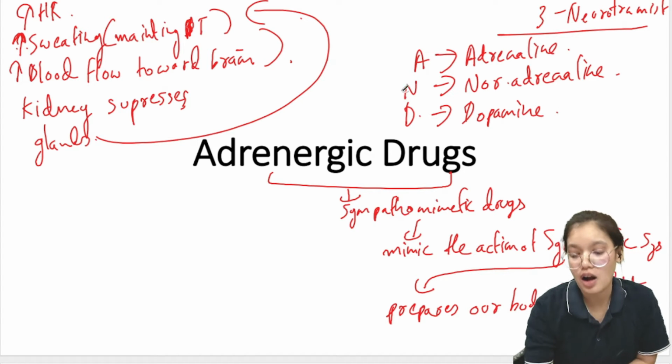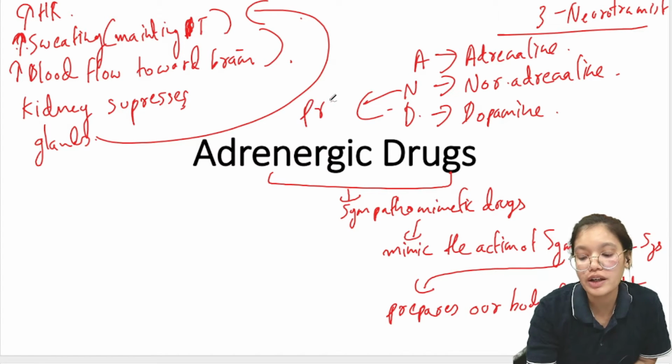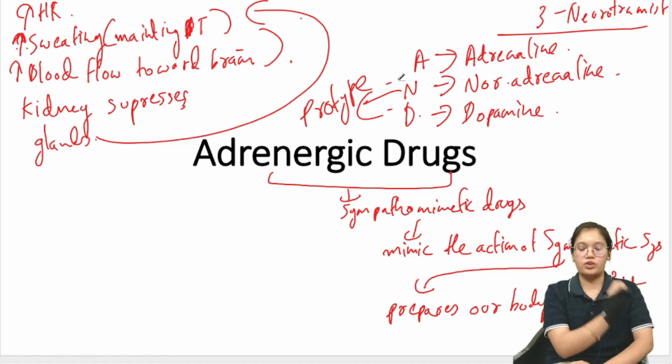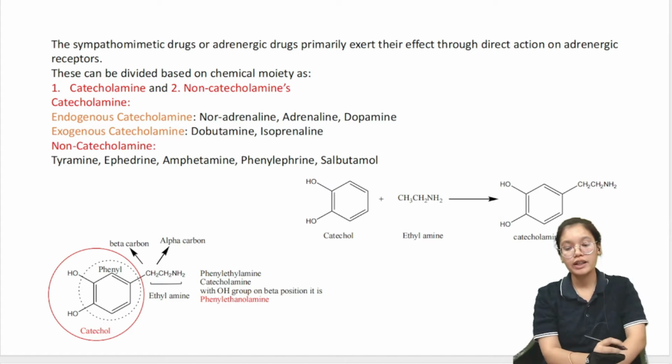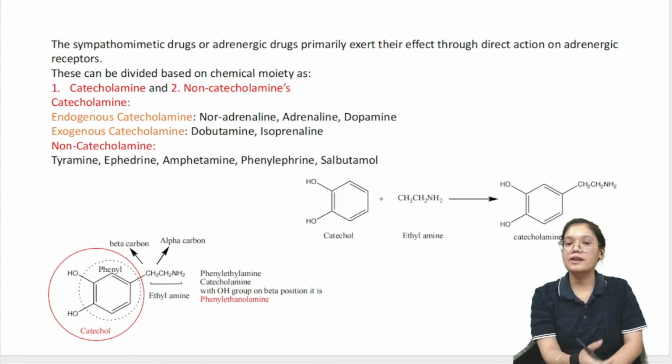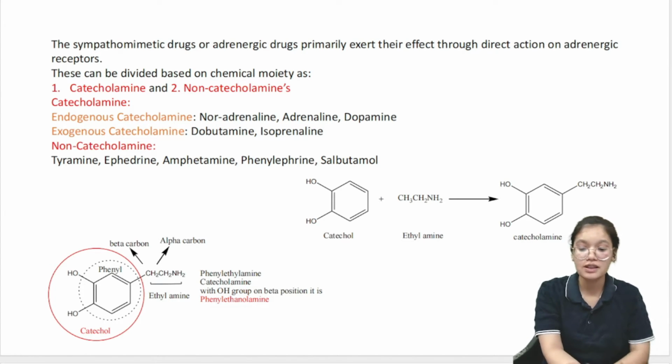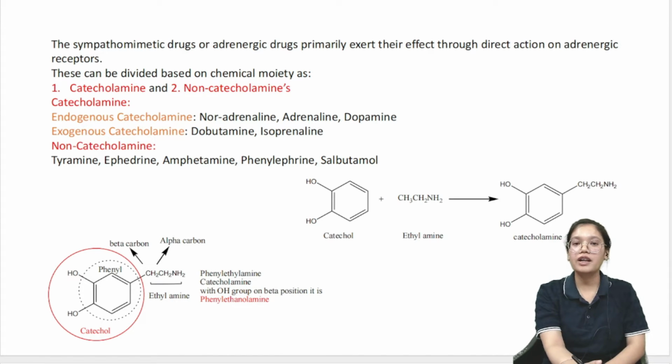Out of these three, noradrenaline is the prototype neurotransmitter.